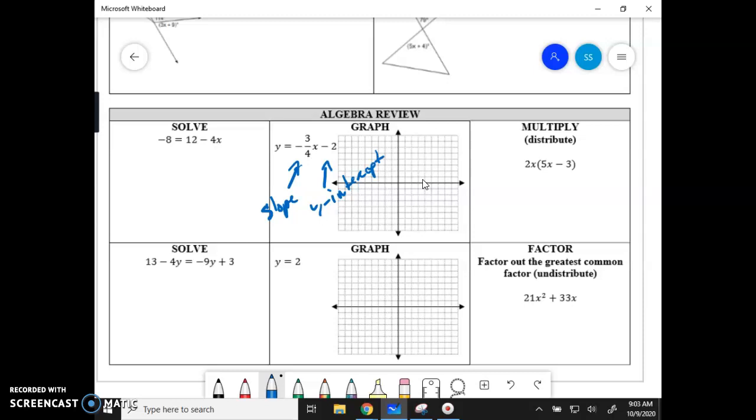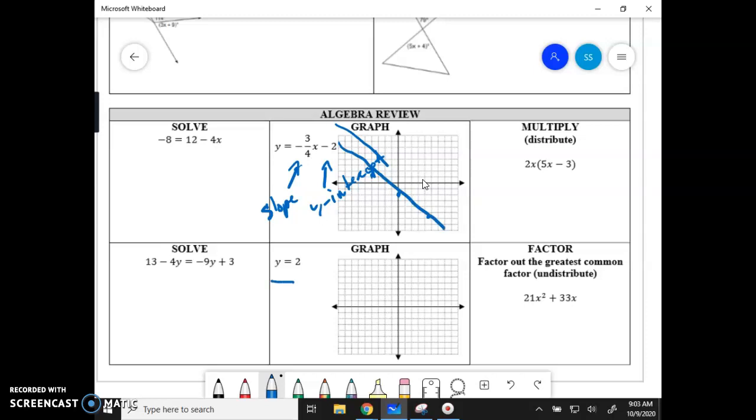So we start at the y-intercept, and we just go up 1, 2, 3, over 4, or we could always go down 1, 2, 3, 4, and so there's your line there.